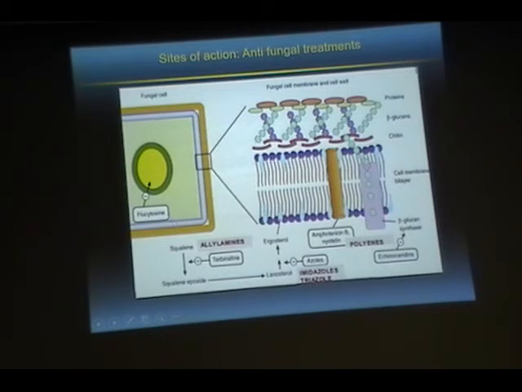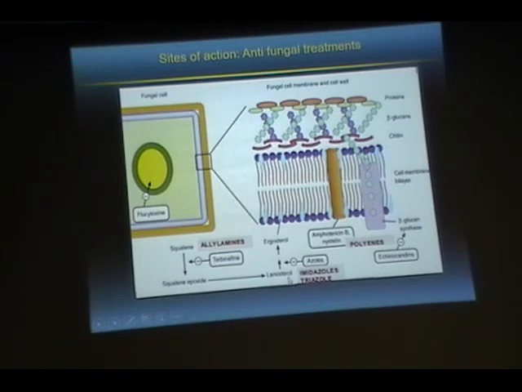Here flucytosine is generally used to inhibit the DNA and the RNA synthesis in fungi, whereas echinocandins, that are most commonly used recently, block the beta-glucan synthase enzyme that produces this beta-glucan structure on the surface of the fungal membrane.